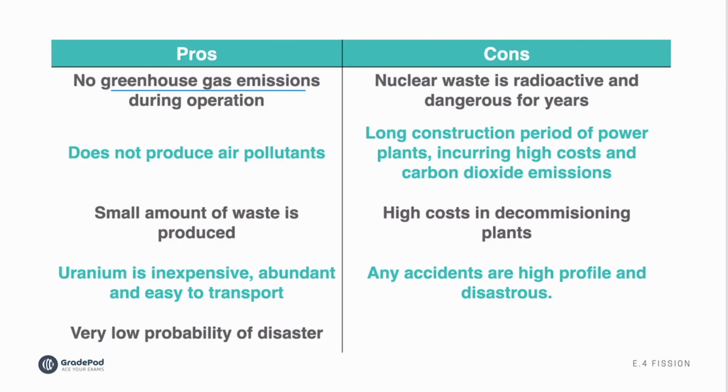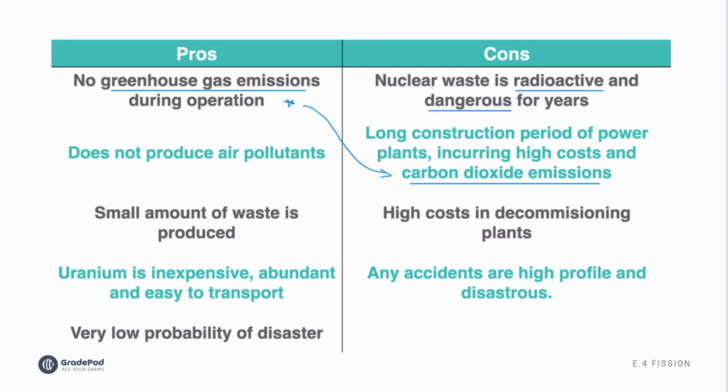which means there's a low probability of disaster. Or is there? Because the cons are that the nuclear waste is radioactive and dangerous for years. It takes a very long time to build a power plant, and building that power plant incurs high costs and carbon dioxide emissions. Because even though there's no greenhouse gases emitted during the operation, what about while we're building it? While we're building it, a lot of carbon dioxide emissions are given off.